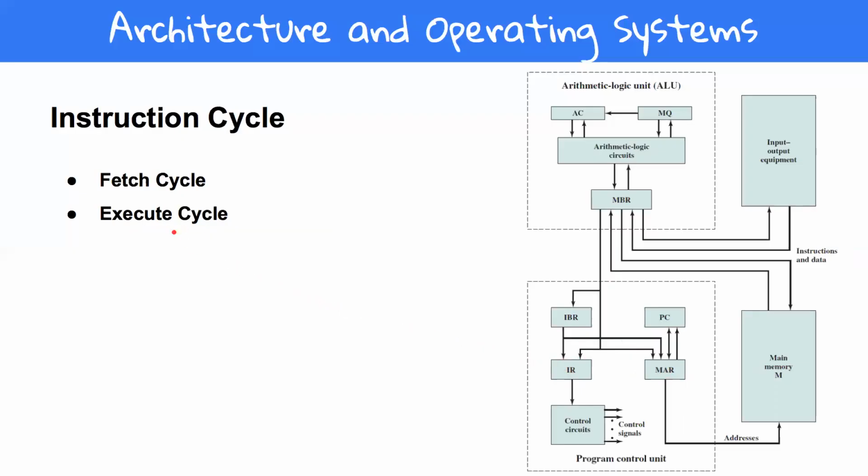In the execute cycle, we understand what the opcode is, and then we start doing that operation, adding, subtracting, whatever. So when the IR gets the opcode, it goes to the interpreter, it's interpreted, and the right signal is sent. For example, the opcode is for adding two numbers.